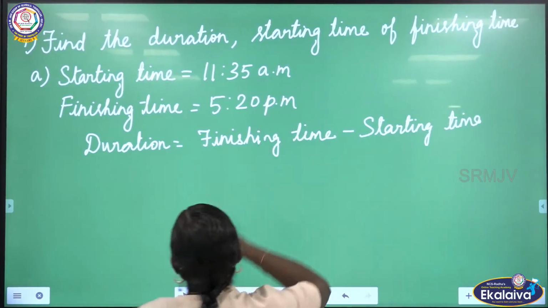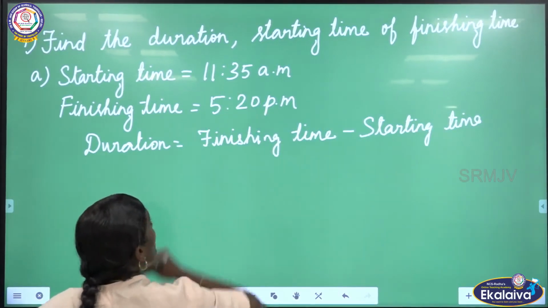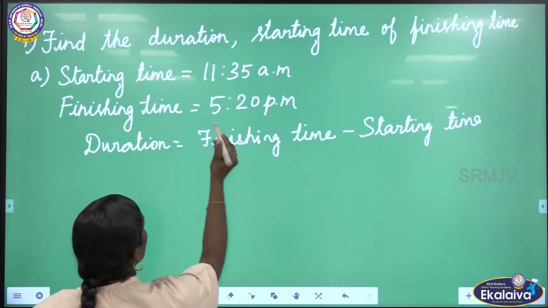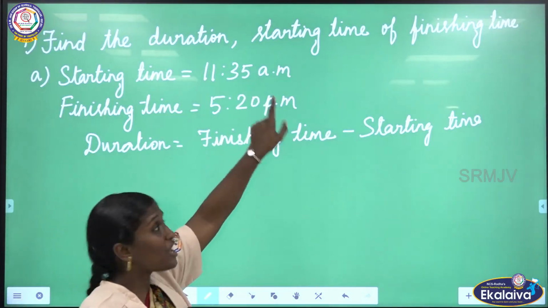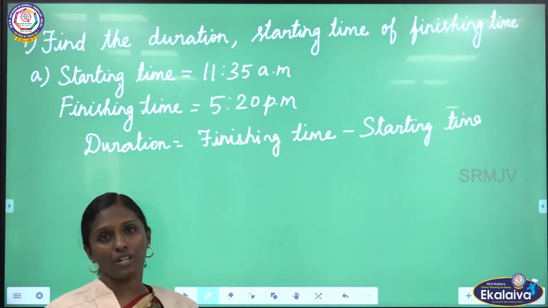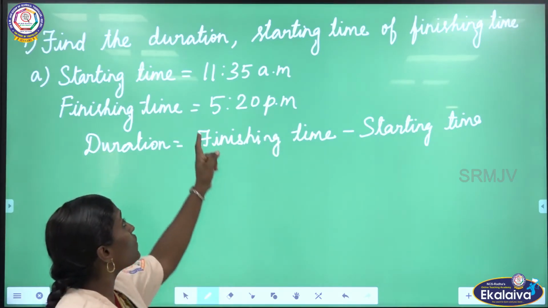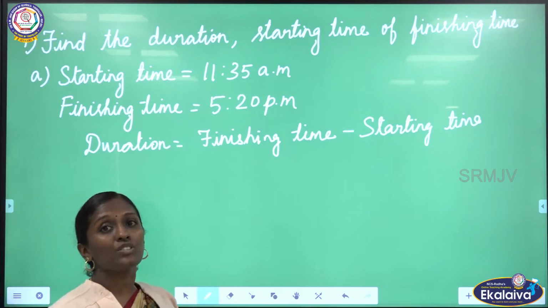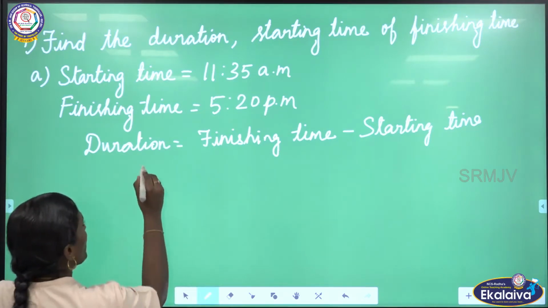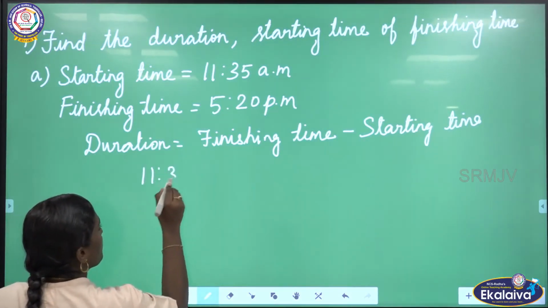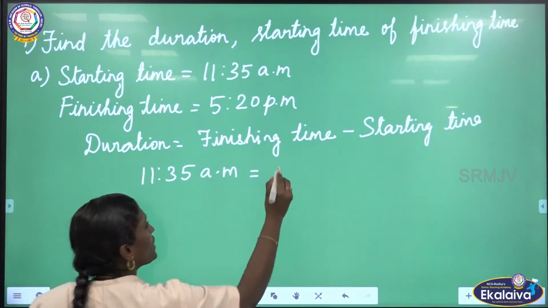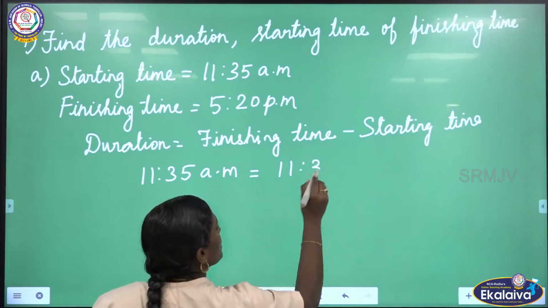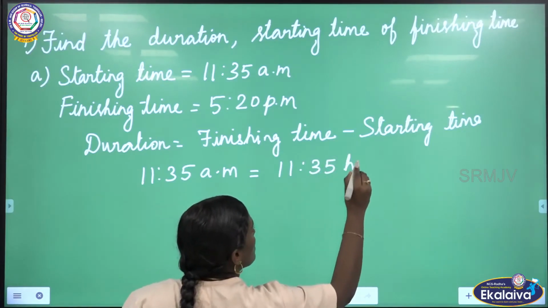Okay, here starting time is 11:35 a.m., finishing time is 5:20 p.m. Here we are having a time in a.m. and another time in p.m. So, first we have to convert the two times to the 24-hour clock. So, 11:35 a.m. while writing as a 24-hour clock, we will get 11:35 hours.